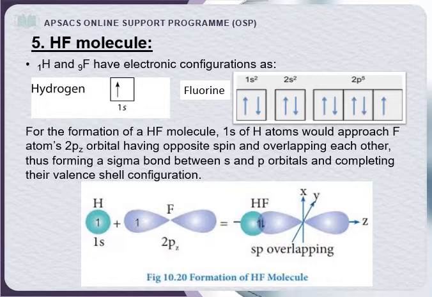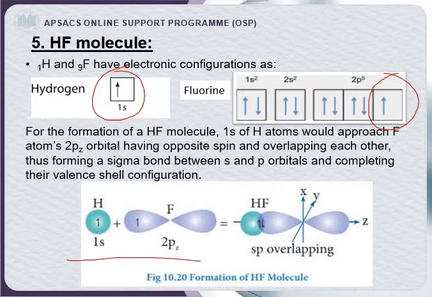Once again, hydrogen is having only an s orbital which can go for the overlapping, while fluorine is having just one p orbital in the second shell, which will go for joining. So here the s orbital from hydrogen and the p orbital from the fluorine atom will join together.